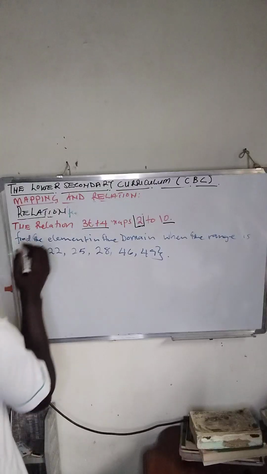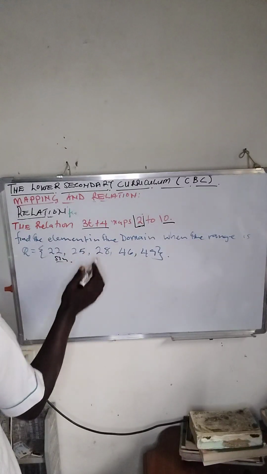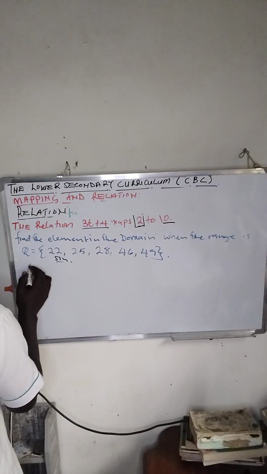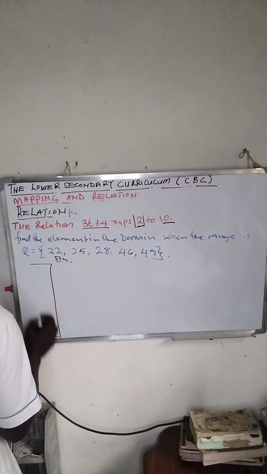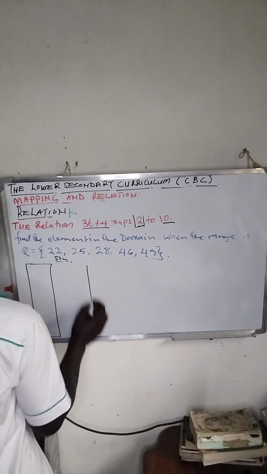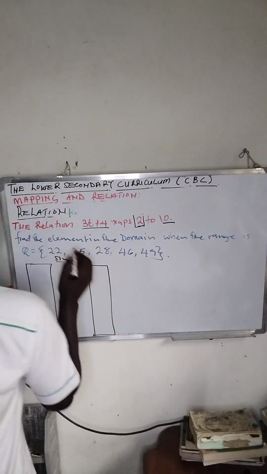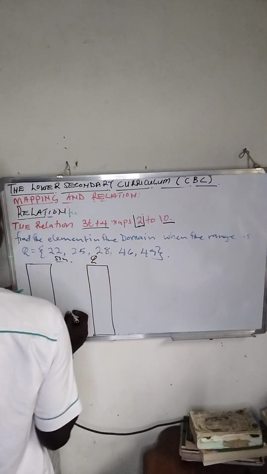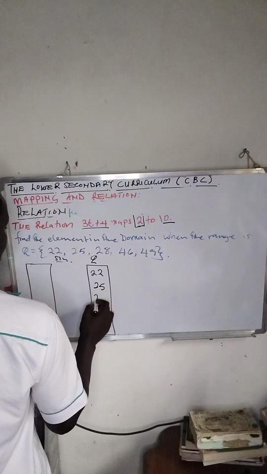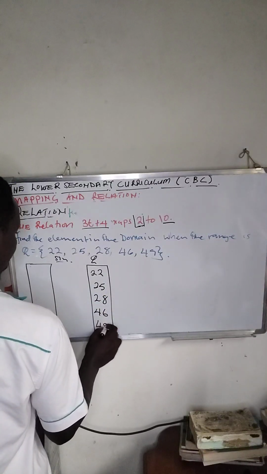For this case, we have the solution here. They have given us the range and we need the domain. Remember, the domain will always be on the left hand side. I need you to use this arrangement of arranging values. For example, let us assume this is Q, which is given: 22, 25, 28, 46 and 49.